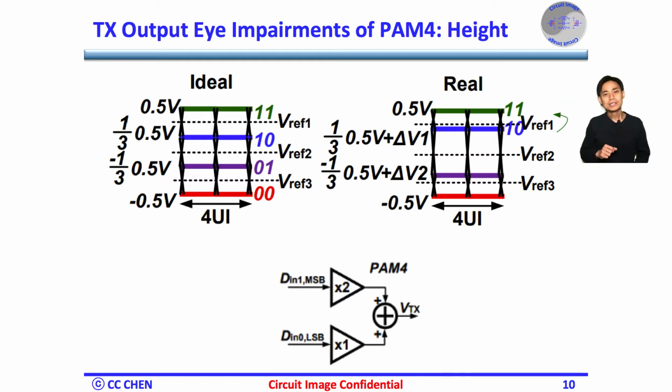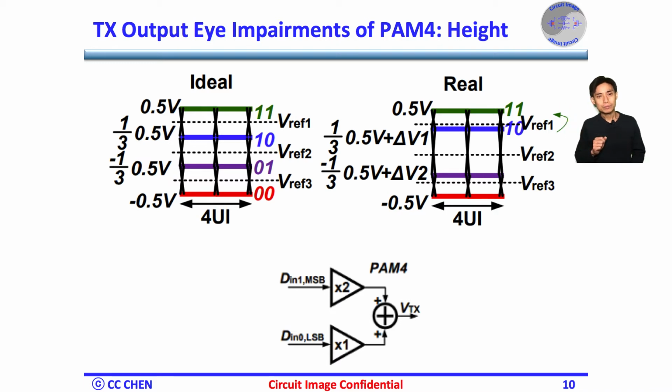For example, symbol 10 is closer to the decision threshold VREF1 than symbol 11. Therefore, symbol 10 has less noise immunity, and a decision maker is more likely to mistake it for symbol 11, which limits the bit error rate.